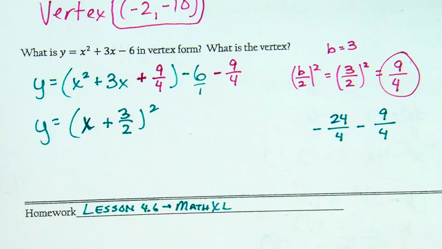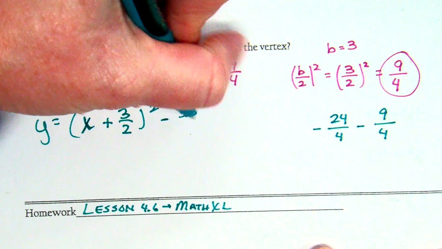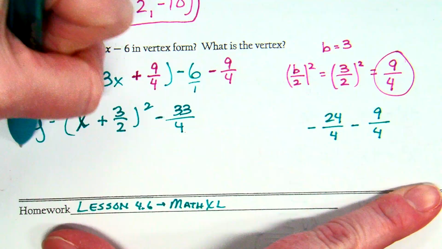So I'm doing -24/4 minus 9/4. -24 minus 9 is -33 over 4. Yes, it has fractions, but that's okay. That is my vertex form.